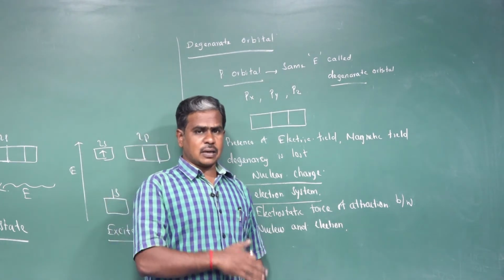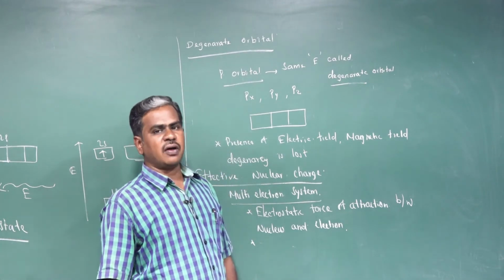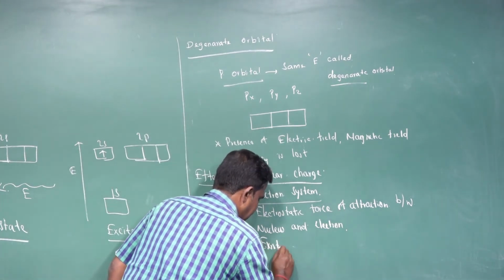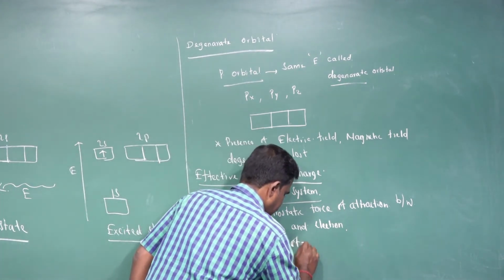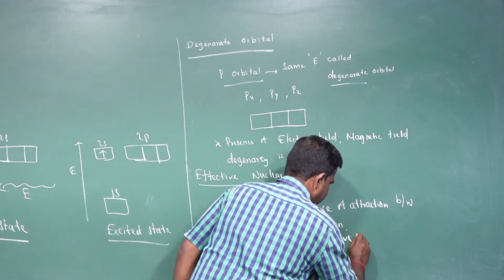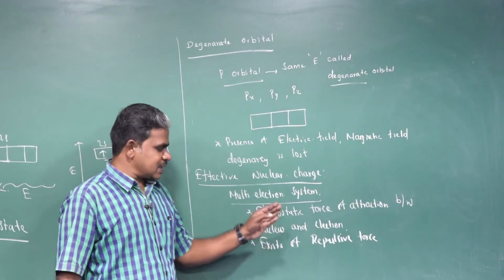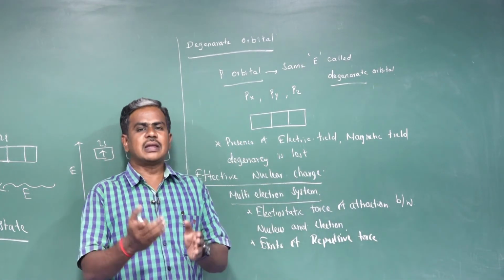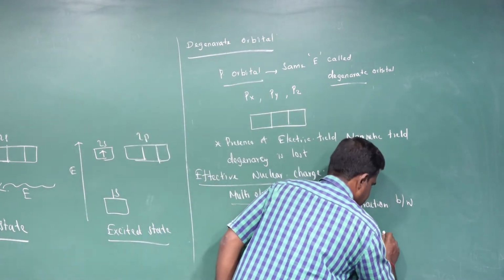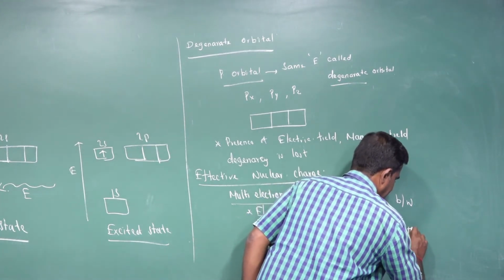And in a multi-electron system, what will happen? There is an existence of repulsive forces among the electrons. So electron repulsion is present among the electrons.